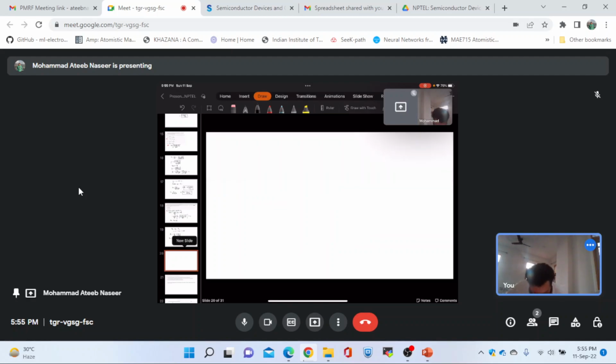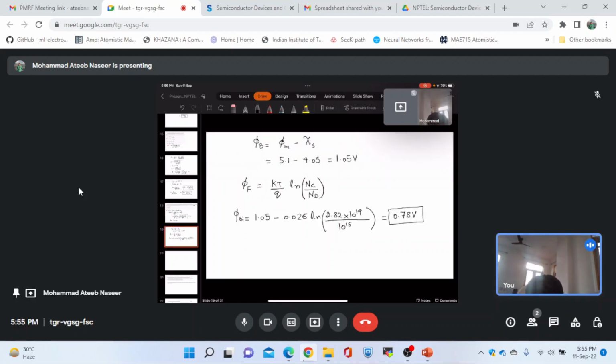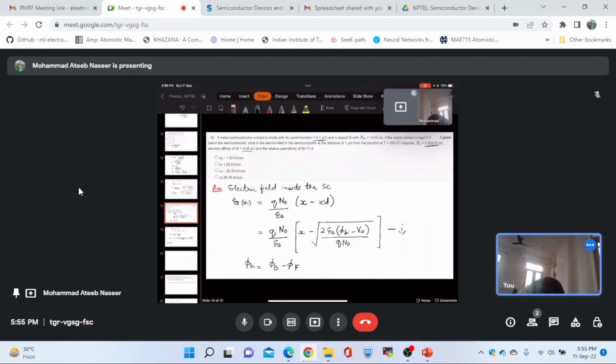So let us substitute these values and we will be getting the electric field at a distance of 1 micrometer from the junction. I will be getting Q ND by epsilon S.